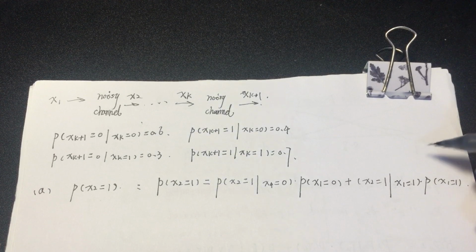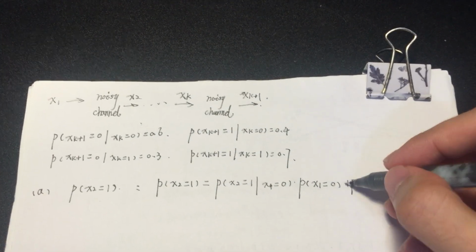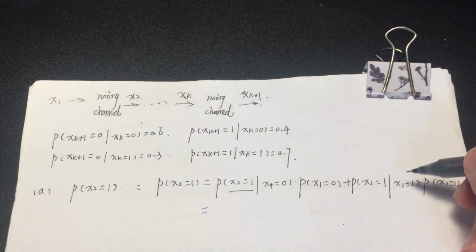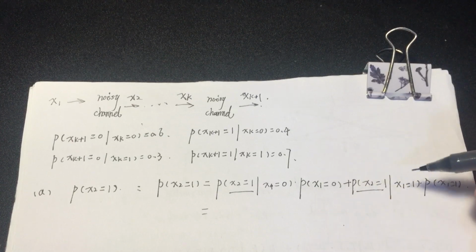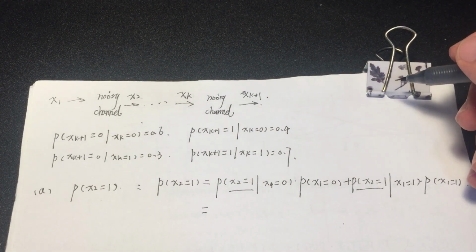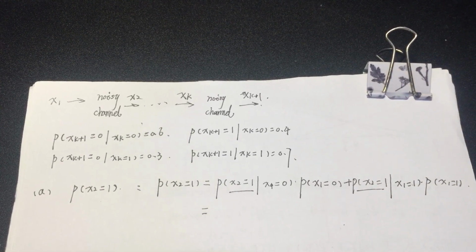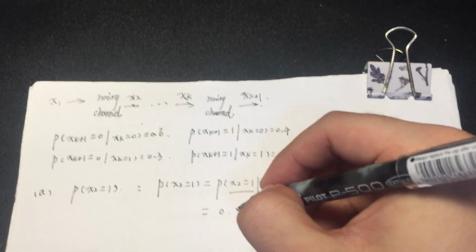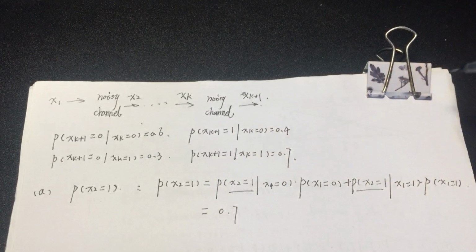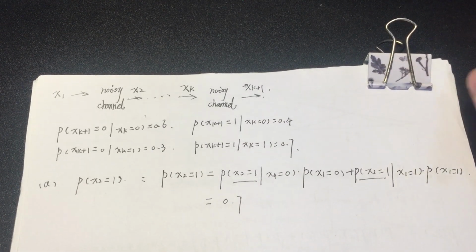So we just care about the conditions, as long as x2 equals 1, and it can be calculated as 0.7. But in today's video we can use an advanced technique, matrices, to calculate the result.